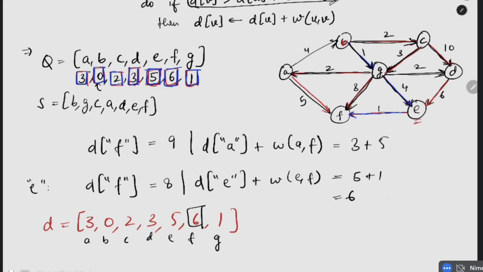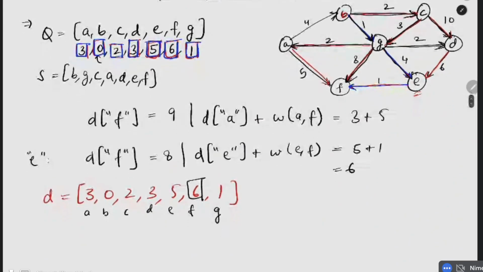And we could easily do that as well by maintaining another list called P that contains the parents of all the vertices. Basically we keep updating parents when we update the values for each one, and we start with, let's say, nil for each one.